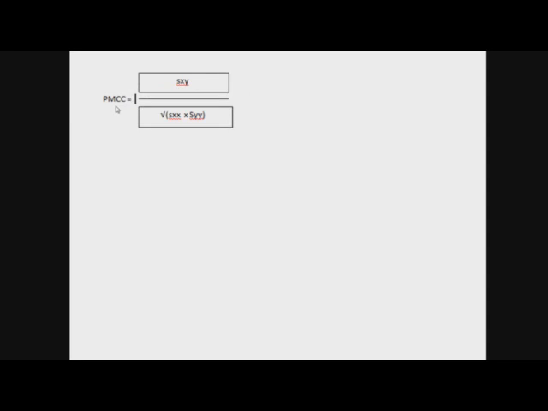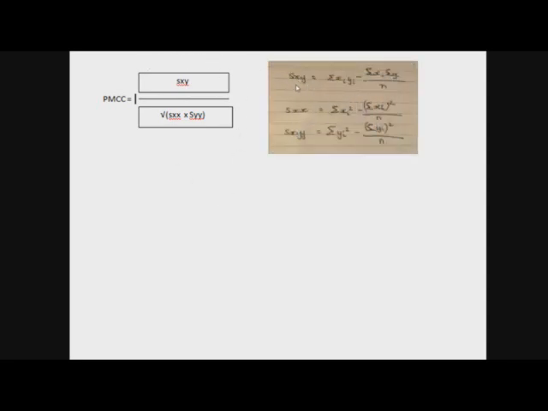The formula for PMCC is SXY divided by the square root of SXX times SYY. And you might be thinking, what the hell is this formula? That's why I've been telling you we had to sum all the values. The formula of SXY is the sum of xy minus the sum of x times the sum of y, over n.